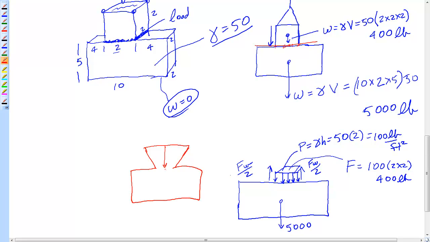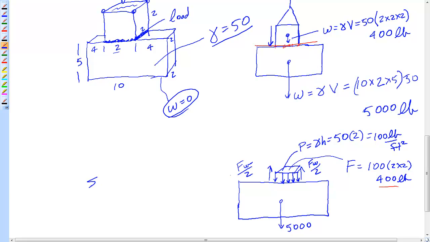But the load that I would have sliced away would still have been 2 by 2, still 400 pounds, even though there's more weight up here on the side, which was carried by this side member. Maybe I'll look at that later, but let's stick back to our problem.